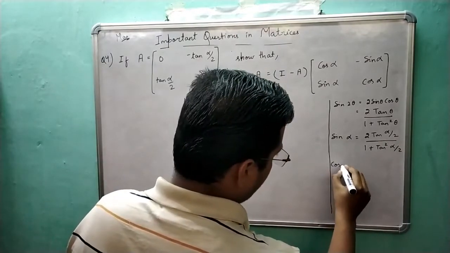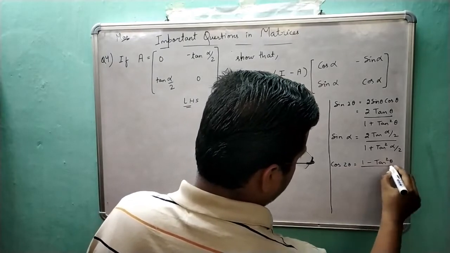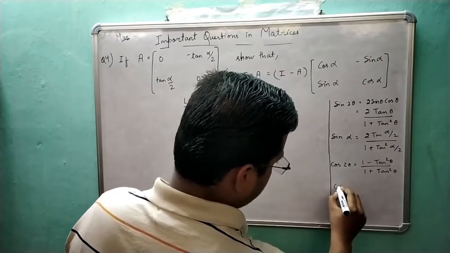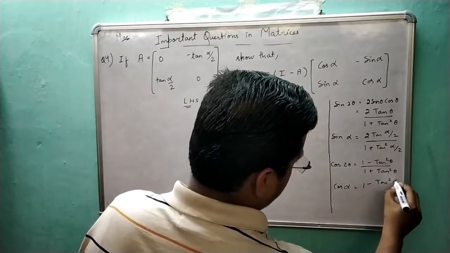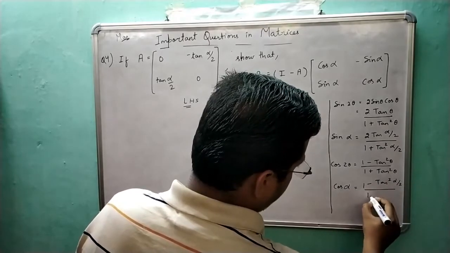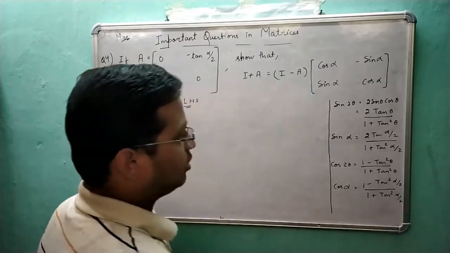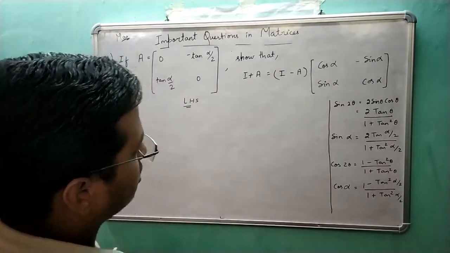Similarly, cos 2 theta is 1 minus tan square theta by 1 plus tan square theta. So we can write cos alpha as 1 minus tan square alpha by 2 by 1 plus tan square alpha by 2. We will be using these formulas regularly in this question.